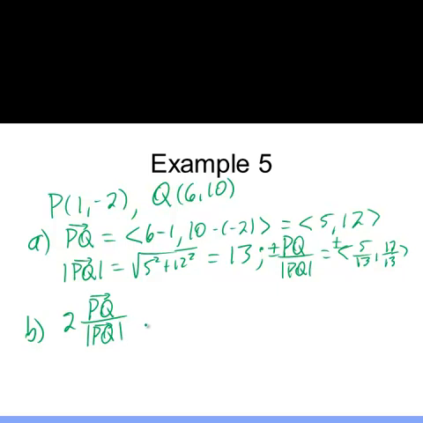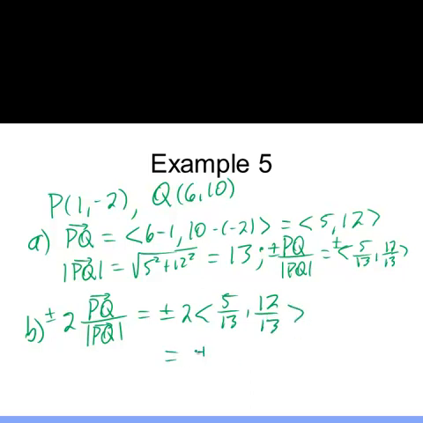Now we've already got PQ over magnitude PQ. So all we need to do is just take, in fact, let's do a plus or minus in front of that because they want 2 vectors. So we'll do plus or minus 2 times (5/13, 12/13).